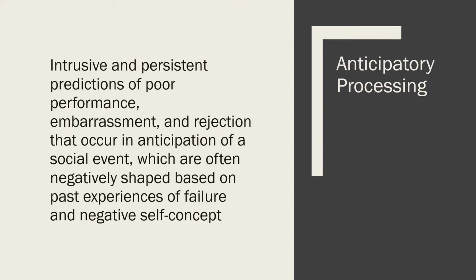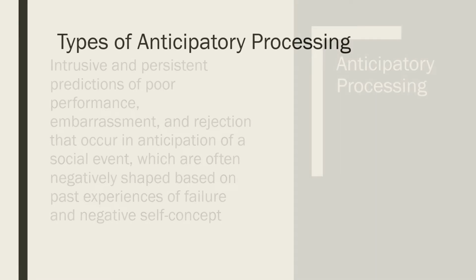So the cognitive distortion of catastrophization takes place in the cognition of clients with social anxiety disorder, but more exclusively around the result of interaction in social situations. So these are different types of anticipatory processing.